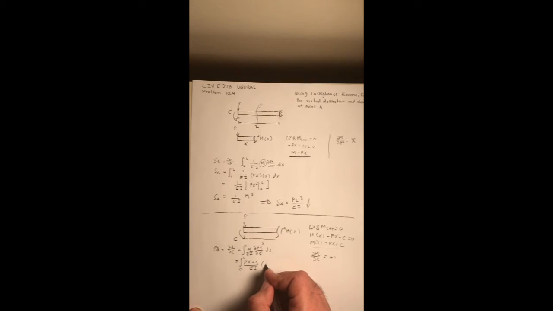So 1 dx. Once we solve, we're going to have 1 over EI outside. We're going to have Px squared over 2 plus Cx from 0 to L, which will equal 1 over EI, PL squared over 2 plus CL.